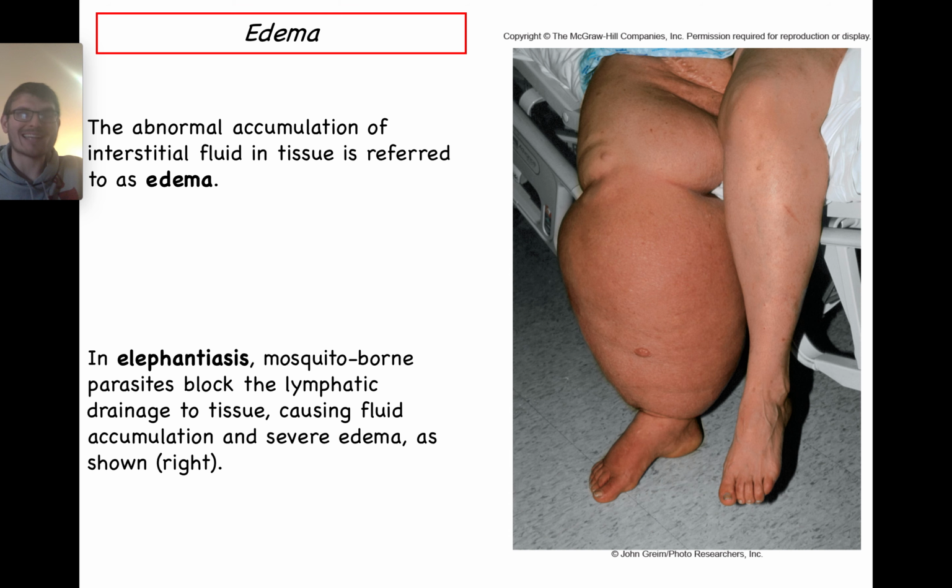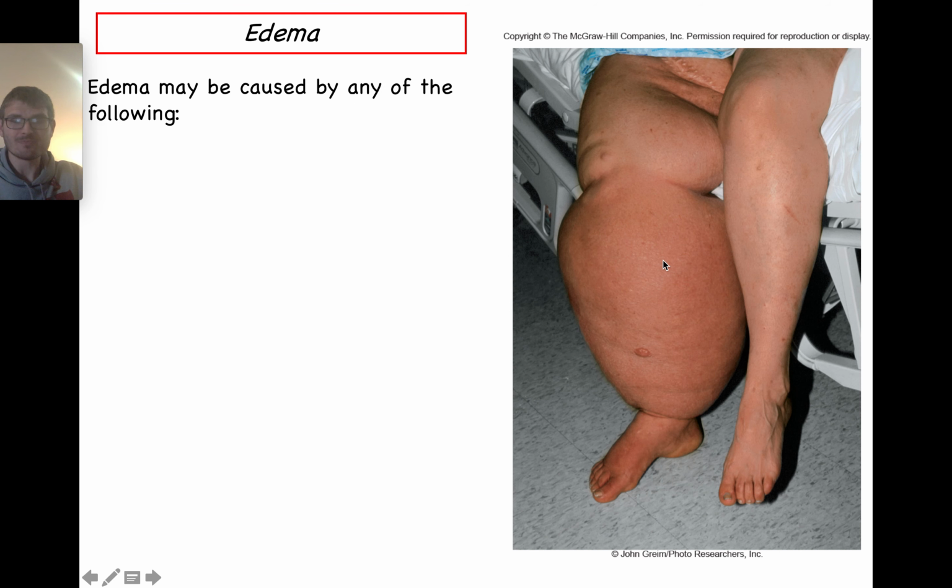These parasites can clog up the lymphatic drainage that we just cited, meaning that because the lymphatic system can't return that excess fluid to the veins, that fluid instead will accumulate in the interstitial fluid of the tissue, resulting in this severe edema. So all the swelling that you are seeing right here is just a drastic increase in the volume of the interstitial fluid as it accepts fluid from the blood that flows through on the arterial side, and we never are able to return that excess fluid into the veins.